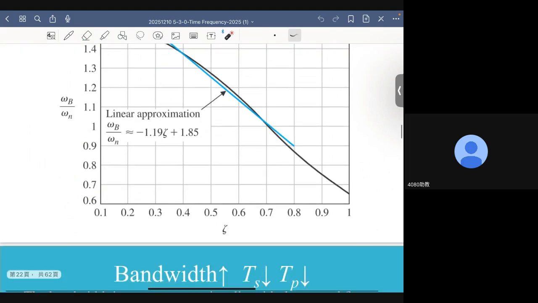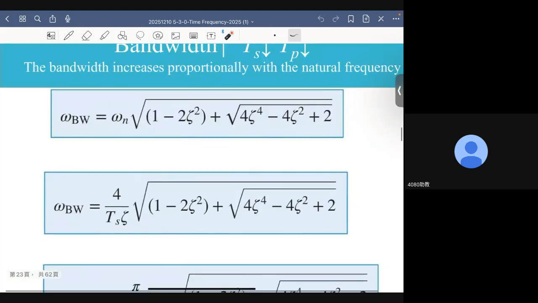And when you increase the damping ratio, you increase relative stability at the expense of speed. So typically, a higher damping ratio means slower response. Therefore, a higher damping ratio leads to smaller bandwidth. So it makes sense that we have such a result.